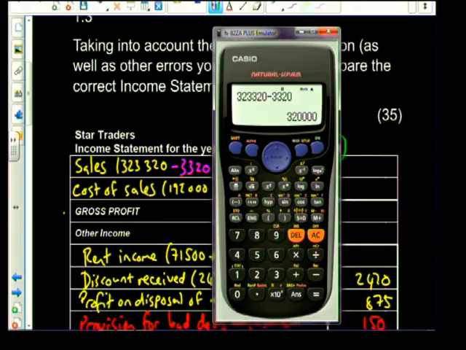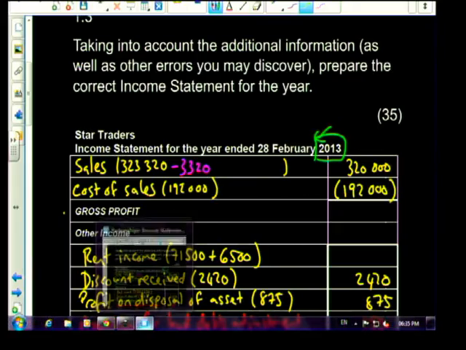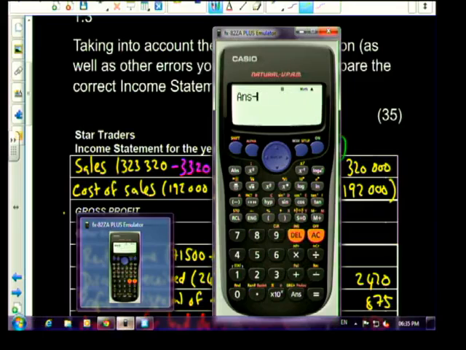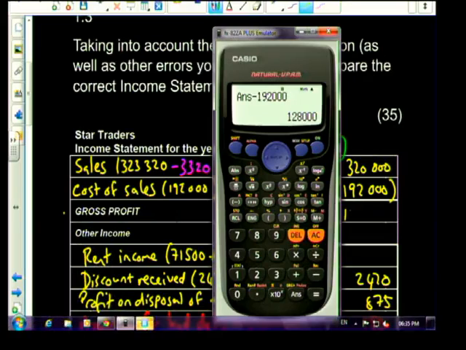So my sales is 320,000. I have cost of sales of 192,000, which is in brackets. And then I need to calculate my gross profit. The way I do that is I simply take sales minus cost of sales. So I'm going to subtract my 192,000 here. That gives me an answer of 128,000.